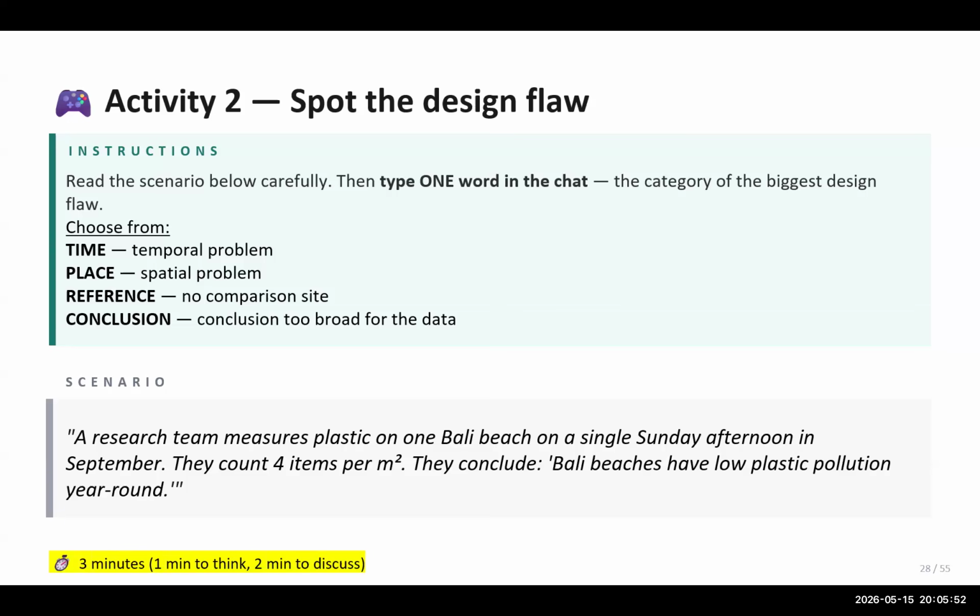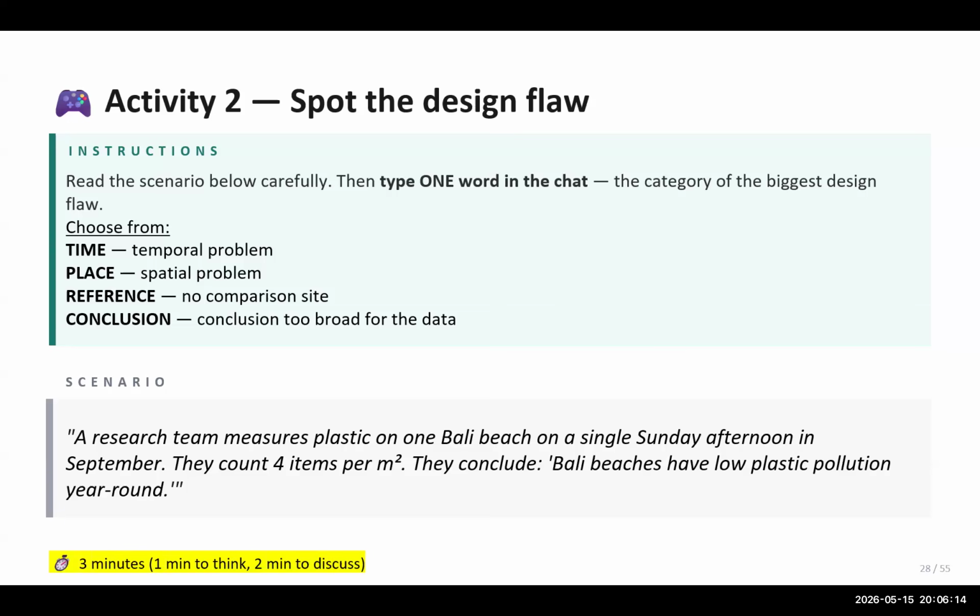on one single Sunday afternoon in September. They counted 4 items per square meter. And they concluded, Bali beaches have low plastic pollution all year round. So now let's try to think about this.